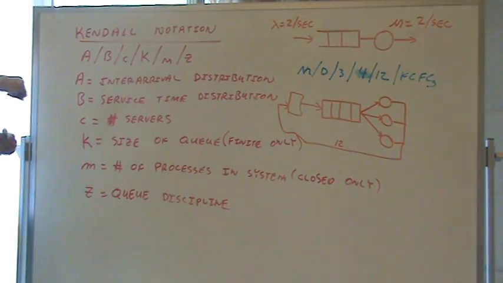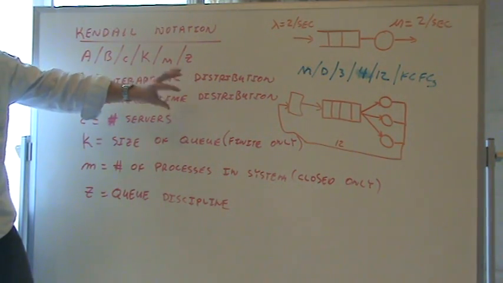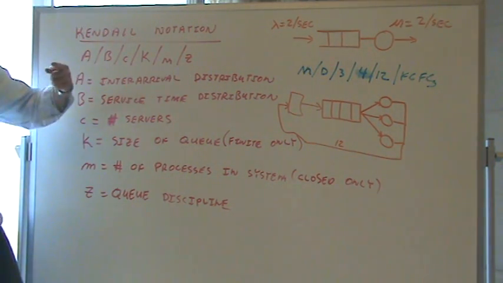There's 12 customers in here that just keep looping through forever. If the system was open, which we'll study both open and closed ones, open systems mean new processes can start up, run, and then leave the system. A closed system means there's processes that just run forever and no new ones can enter.